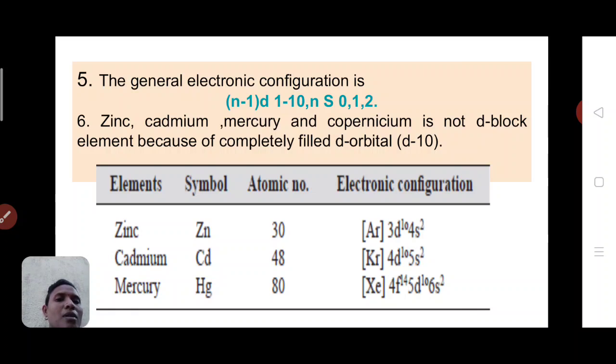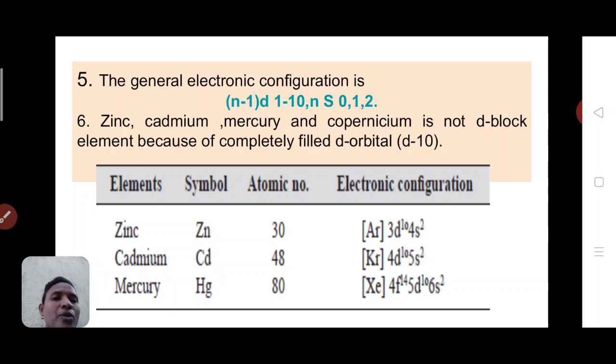Also see cadmium. Cadmium has atomic number 48. The electronic configuration is krypton 4d10 5s2. Again, cadmium has the d10 configuration. So the d10 configuration is a completely filled configuration. Completely filled means a highly stable configuration.